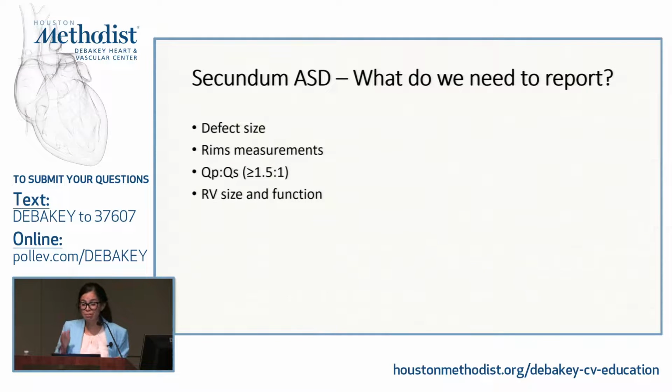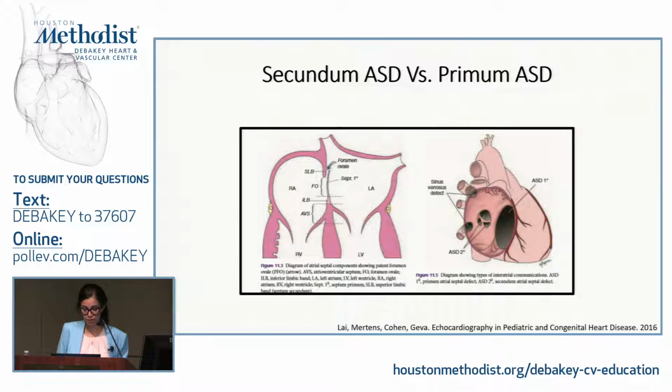Some defects are too big for a transcatheter closure device, and then for indication of closure, just remember Qp:Qs to make sure that this is hemodynamically significant or not. So that's a Qp:Qs of over 1.5, and then the RV and RA size and function are critical.